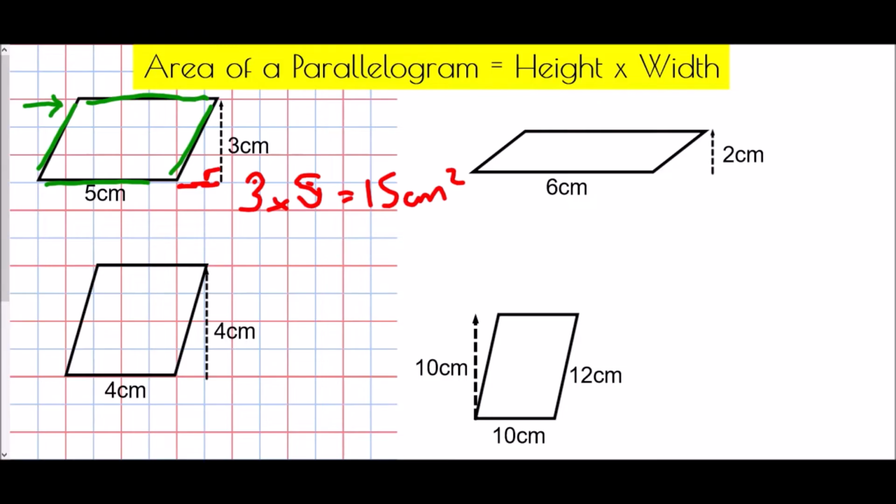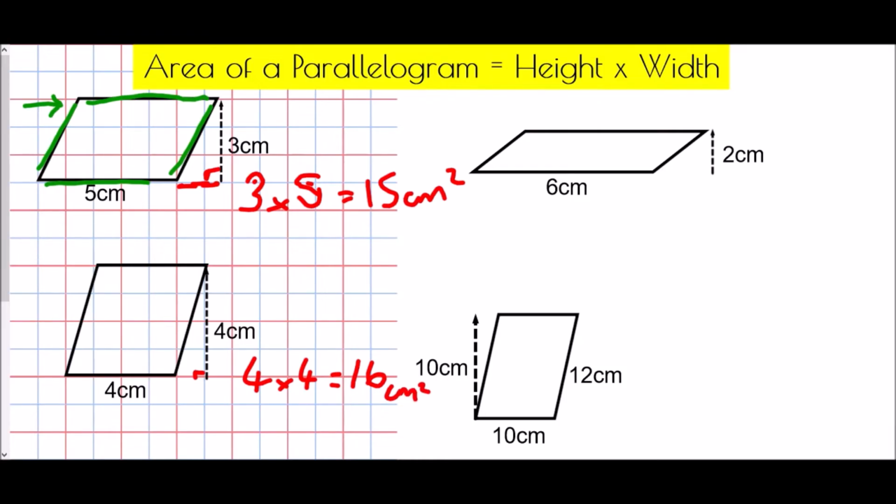For the second one, again, here's our perpendicular height, 4 centimetres, so we need to do 4 times 4, and we get 16 centimetres squared.